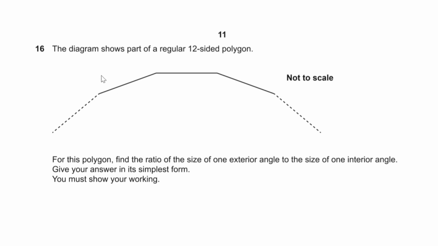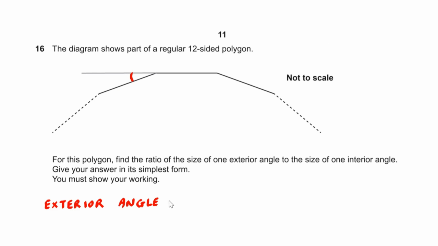Question number 16. The diagram shows part of a regular 12-sided polygon. For this polygon, we have to find the ratio of one exterior angle to the size of one interior angle. Give your answer in its simplest form. You must show your working. The first thing we can do is find out the exterior angle. When we refer to the exterior angle, if we extend one of these lines, like we see here, this angle here is the exterior angle.